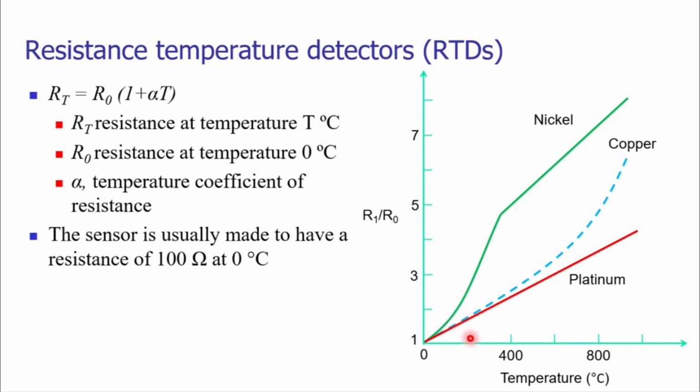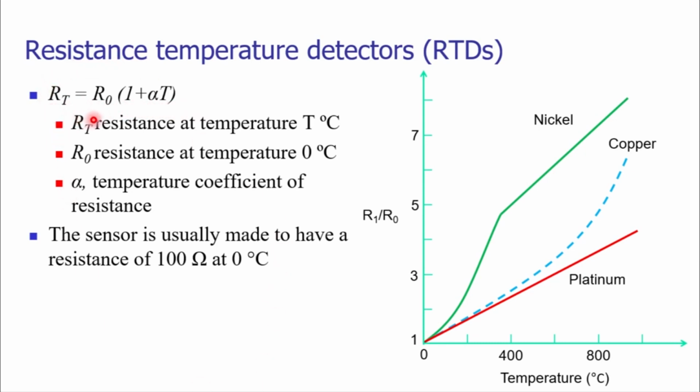So on your screen, you can see the plot of the increase in resistance of certain materials such as nickel, copper and platinum, and they generally follow the equation of increase in resistance as you can see on the screen.